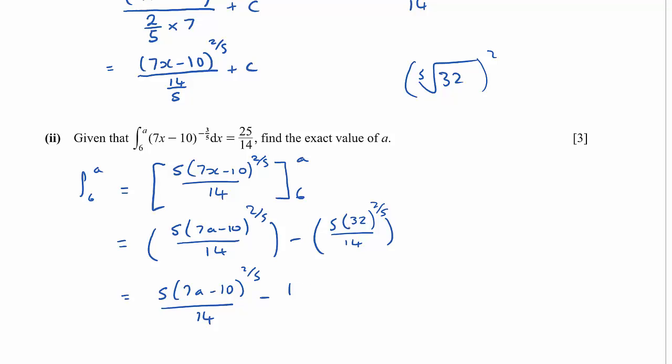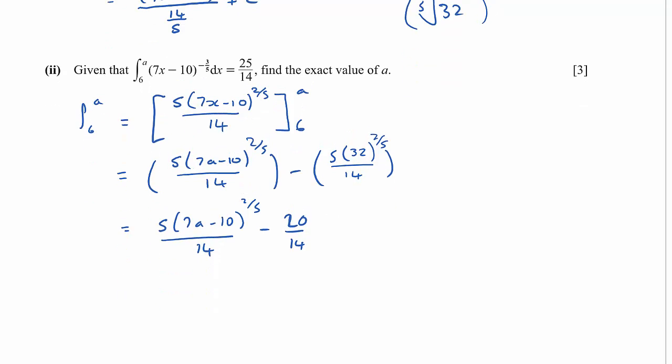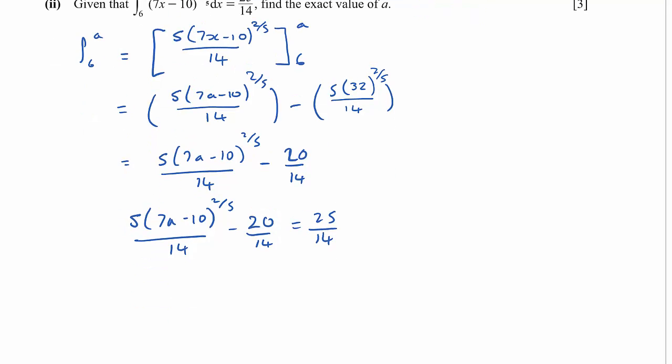But we might be best off leaving that as 20 over 14. And so what we now have is that (7a − 10)^(2/5) over 14, take away 20 over 14, is equal to 25 over 14.